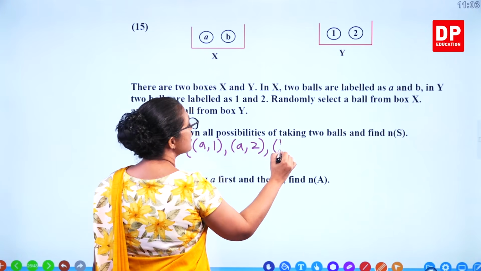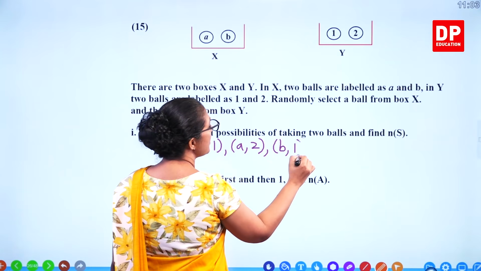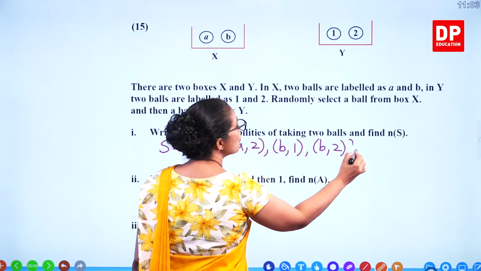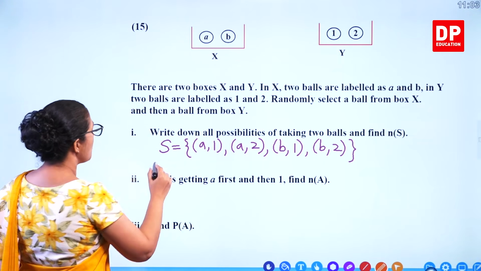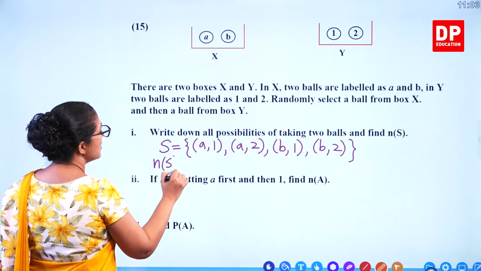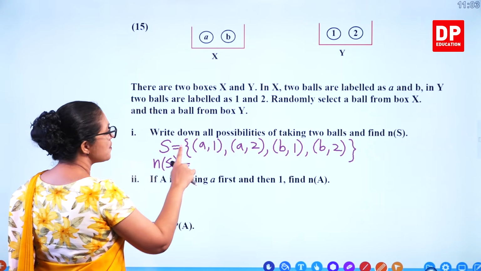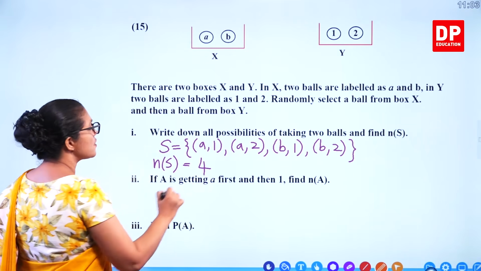B from the first box, that's X box, and 1 from the next one, or B with 2. So those are the possibilities you can get. So what's the sample space? The number of outcomes in the sample space is 1, 2, 3, 4. 4 possibilities are there.